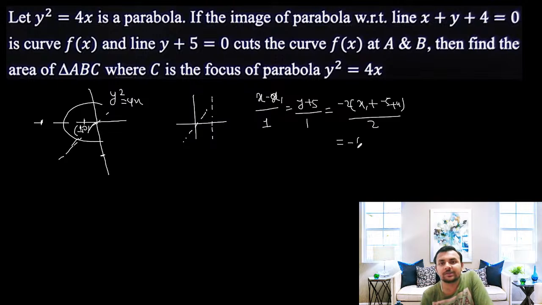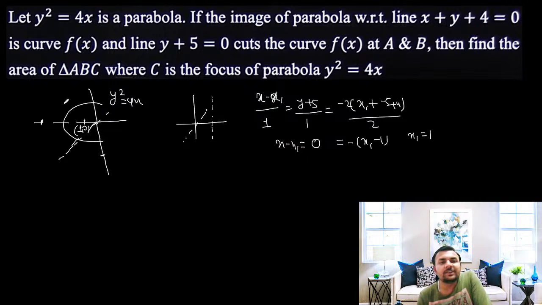This is minus of x1 minus 1 and this is 0. So x minus x1 equal to 0, so x1 equal to 1. We can say that x equal to x1, x equal to 1. Okay.